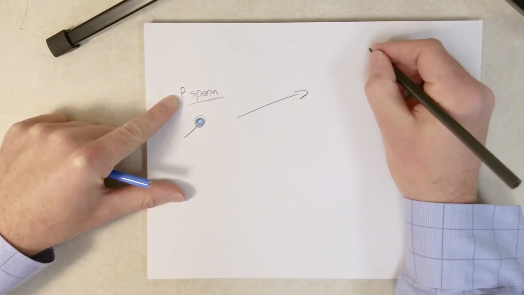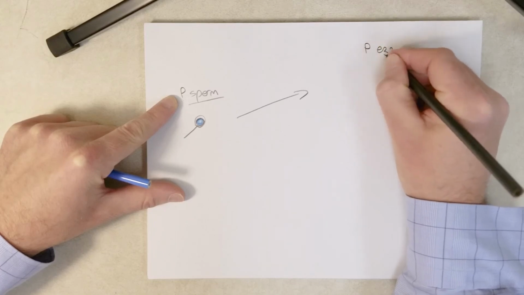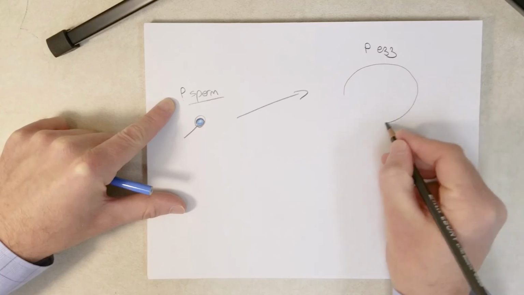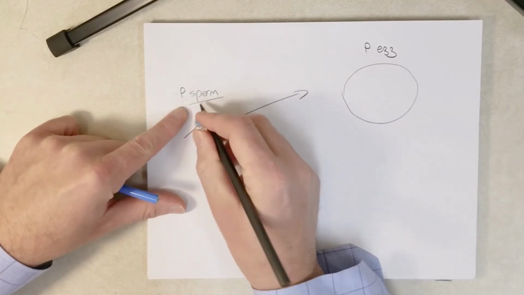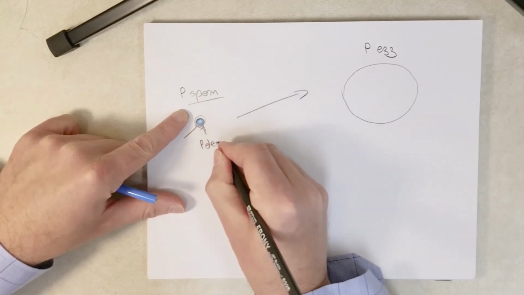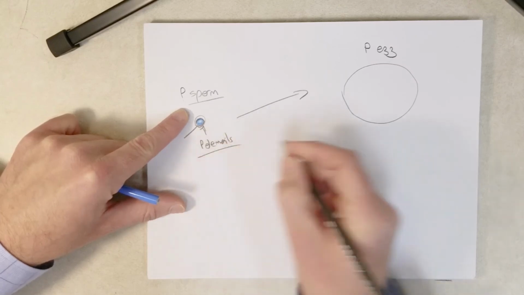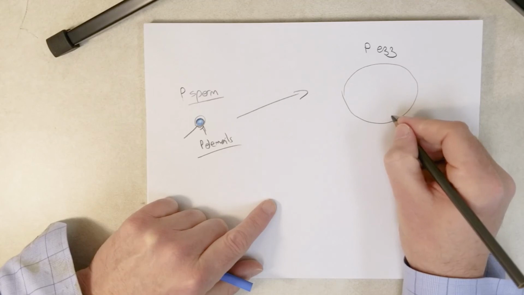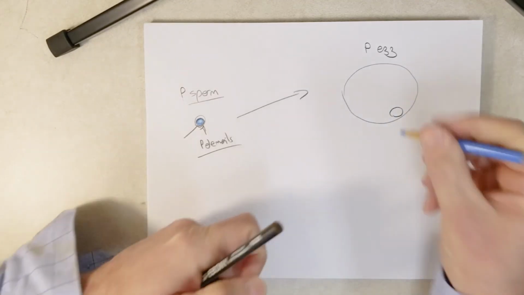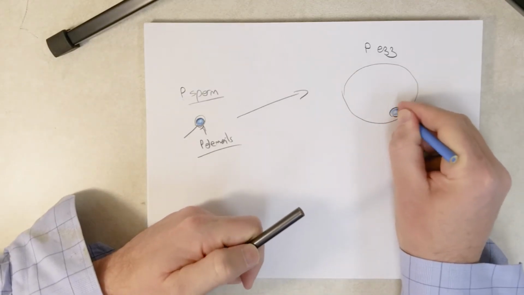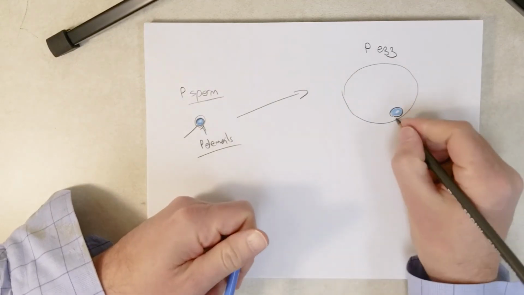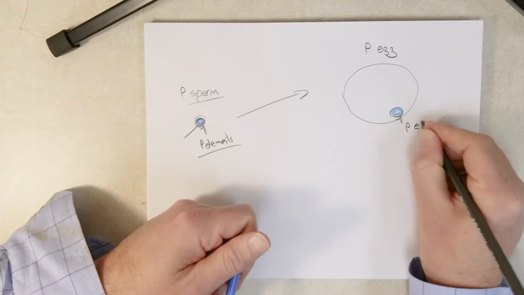Now we have an egg from a P fly. And this nucleus of the P sperm has P elements, because I already told you that the P flies are the flies with P elements in their genome. In the P egg, here's the nucleus right here, so the blue represents the nuclei of the sperm and the egg here. Well, this also has P elements.